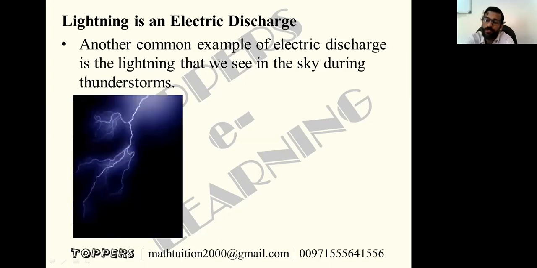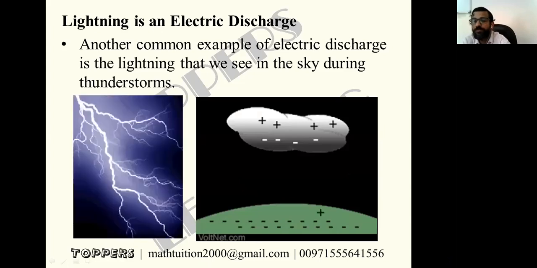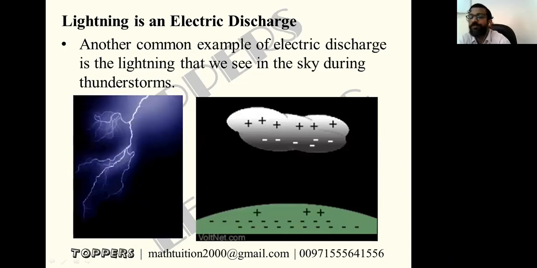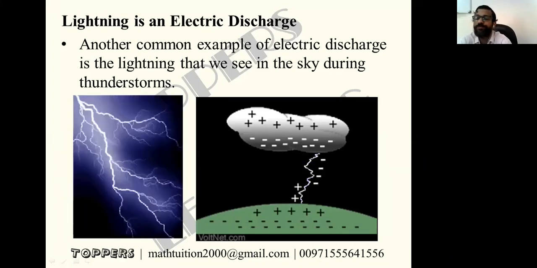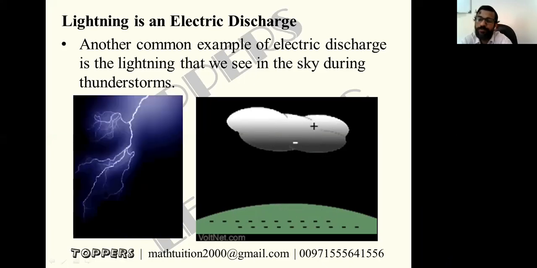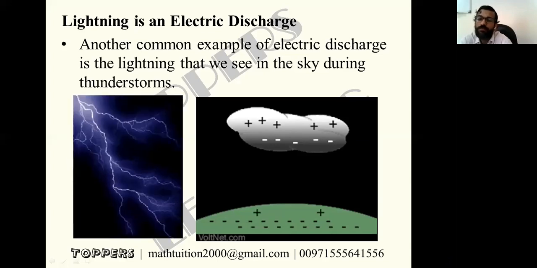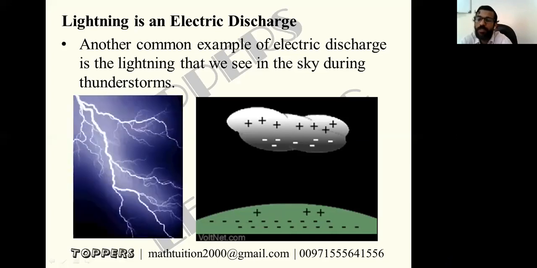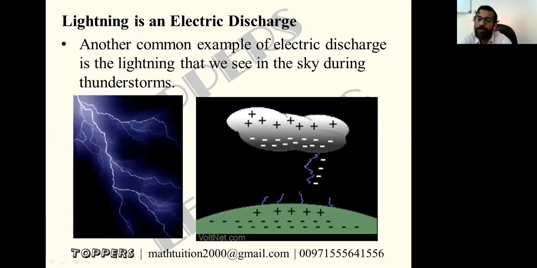During a thunderstorm, we can see the lightning. So what is happening? Due to the friction of clouds, charges are accumulating in the cloud. When that charge reaches a high level, lakhs of volts of potential difference come.